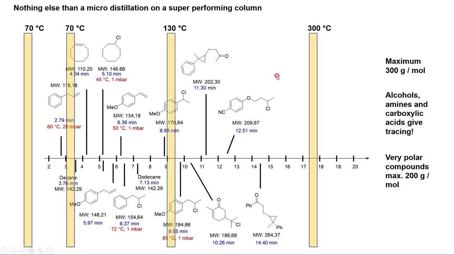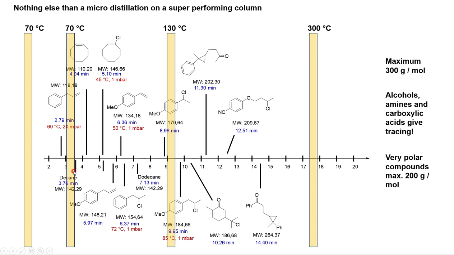In the GC method, we have different types of temperature. As I said previously, first an isotherm until 3 minutes at 70 degrees. Here, for example, benzene or decane is eluted, so very volatile compounds. Then we heat slowly, and we can separate compounds with very similar molecular weight.